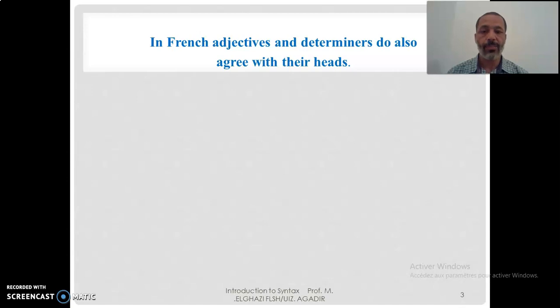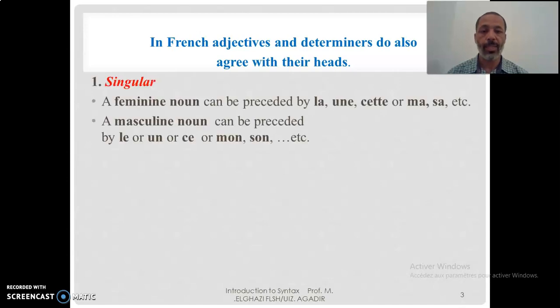In French, adjectives and determiners also agree with their heads. As you can see, in singular forms, a feminine noun can be preceded by a determiner like la, une, cette, ma, sa, etc. You can say la veste, une fille, cette chambre, and so on.